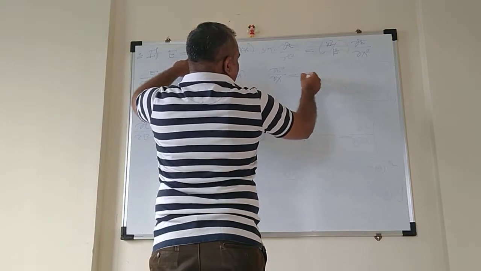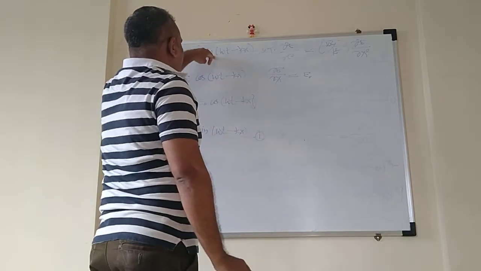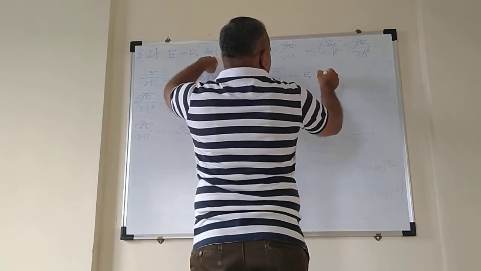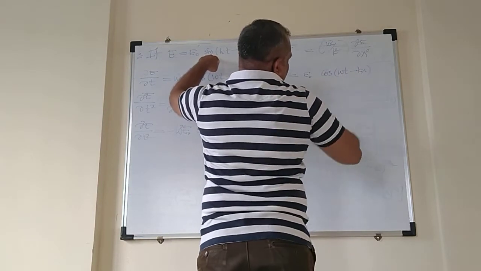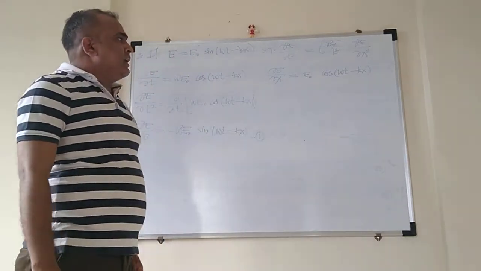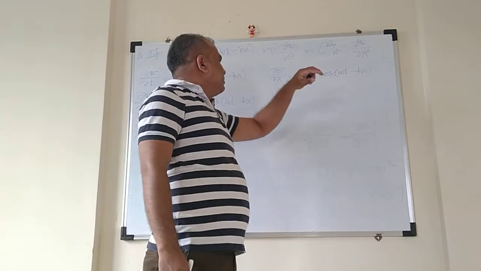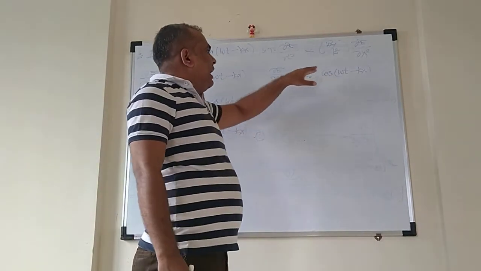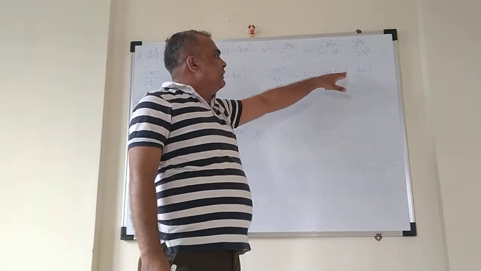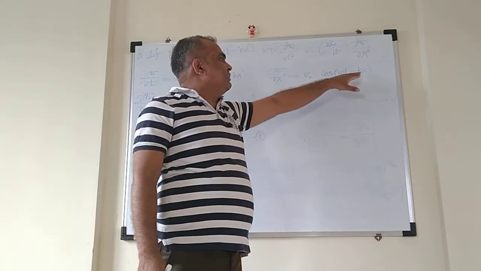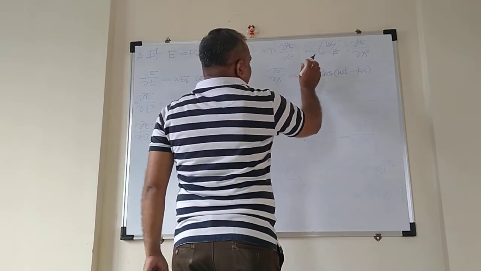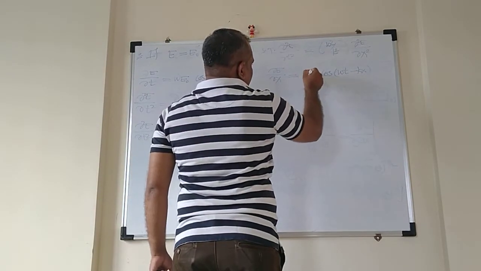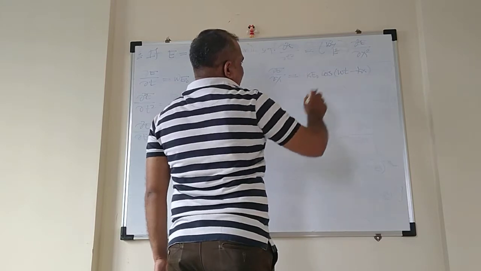E naught is constant, let me write it as it is, and the differentiation of sine is cos of (omega t minus kx). Now be careful. This time you have to differentiate this bracket with respect to x, and now t is acting as a constant. So the differentiation of this bracket with respect to x is minus k, and you will get minus k E naught into this.